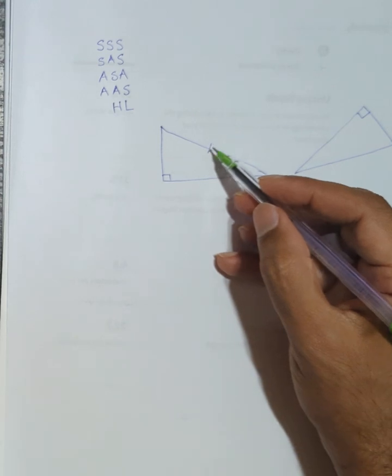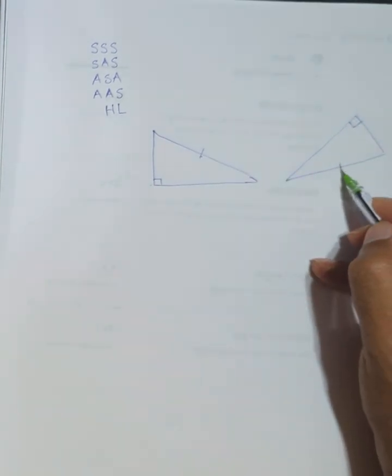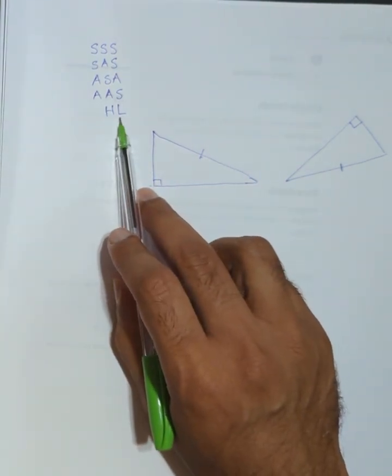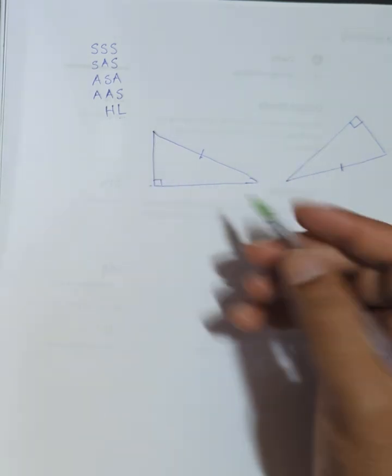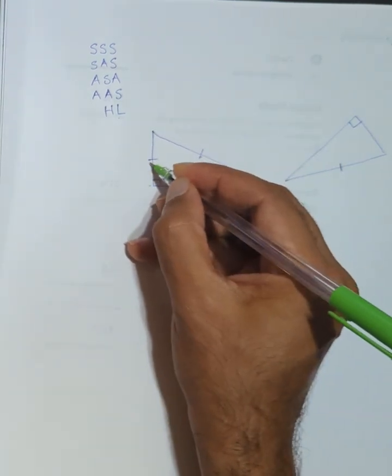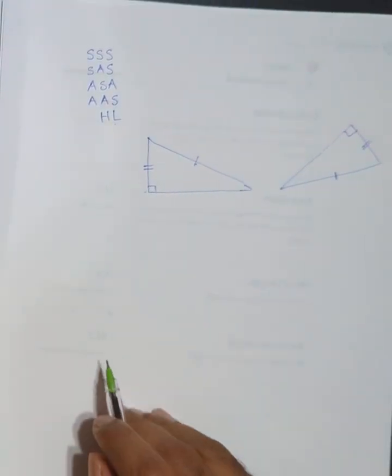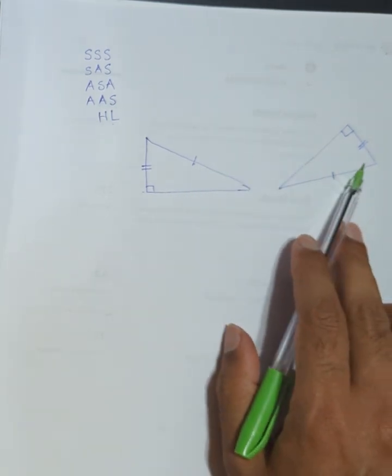So this is the hypotenuse for this triangle, and the hypotenuse of this is here. And L stands for leg. If one of the legs matches, so it looks like both triangles have a short leg and a long leg. So let's say the short leg of the first matches with the short leg of the second. Then these two triangles will be congruent.